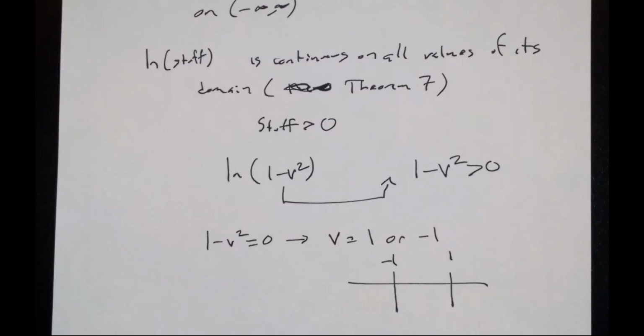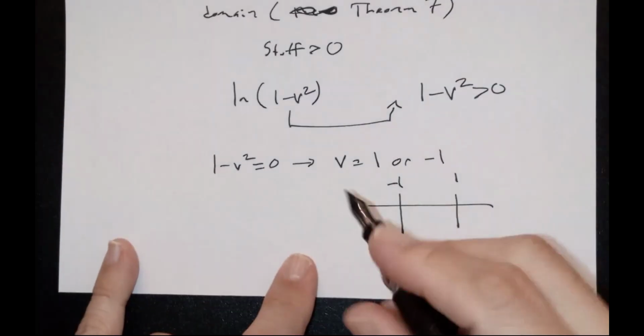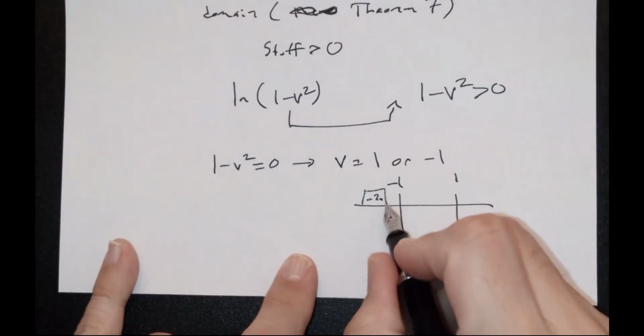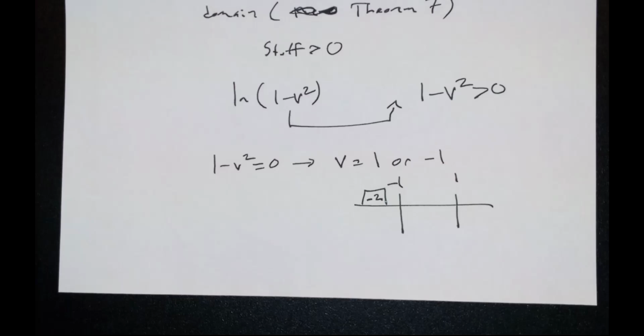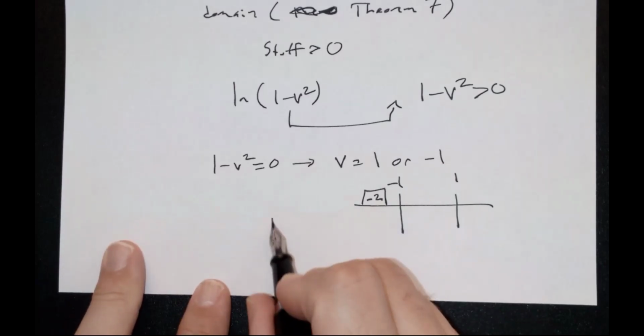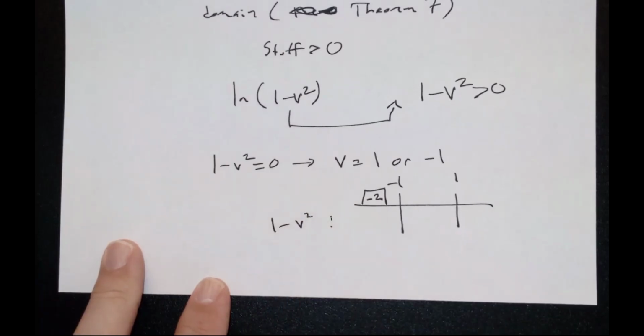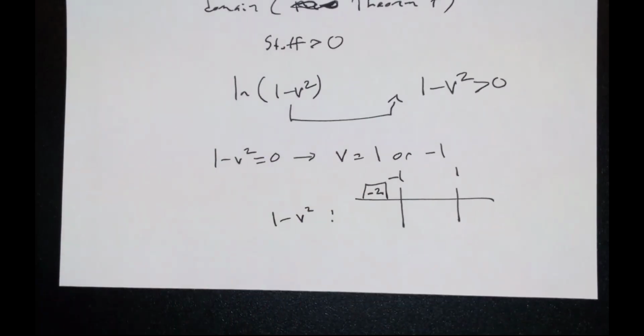So pick a number smaller than -1. -2. I'm going to write that number right here, put it in a little box, plug that in to my function 1 minus v squared. When you put in -2, what do you get? Negative. That's what I care about, the fact that it's negative there.